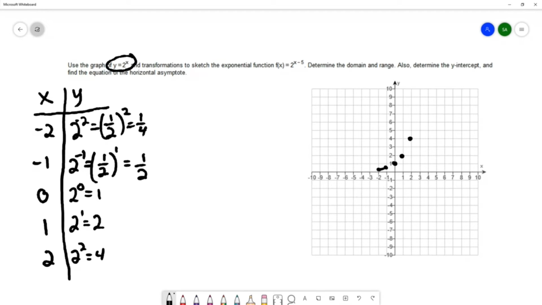So this is the sketch of our base graph, 2 to the x. And this function will get closer and closer to the x-axis without ever reaching it. We have a horizontal asymptote that is right on top of the x-axis. It's the equation y equals 0.